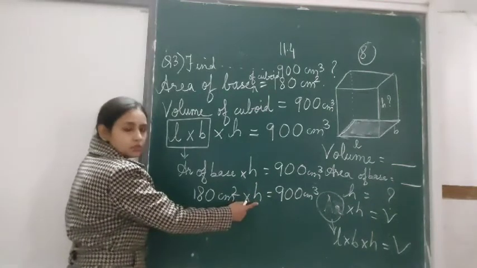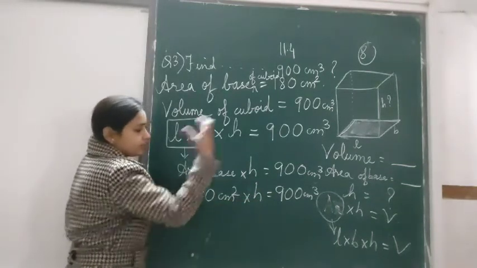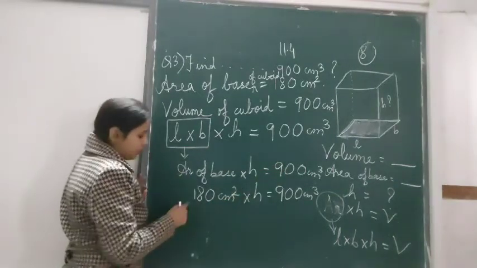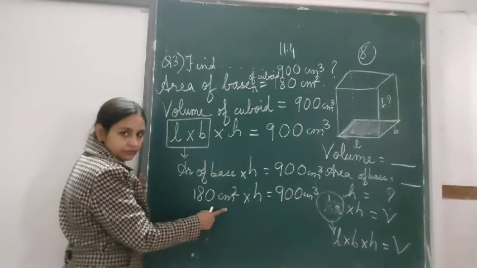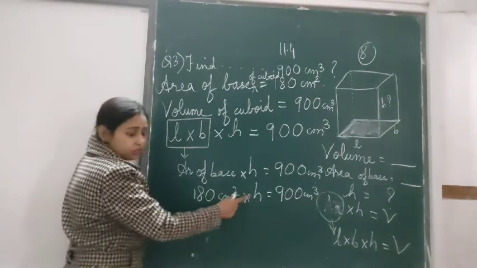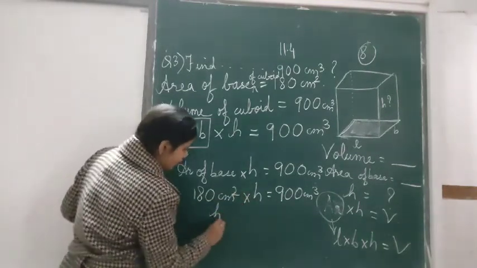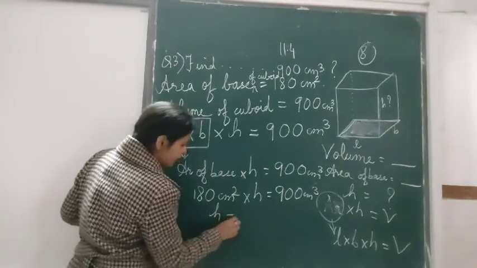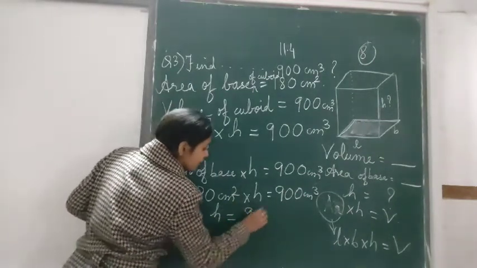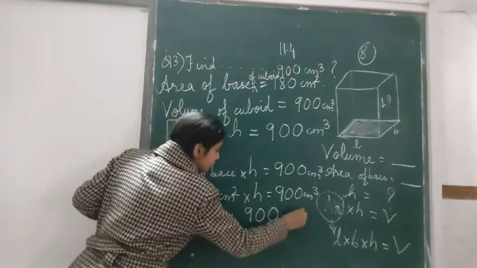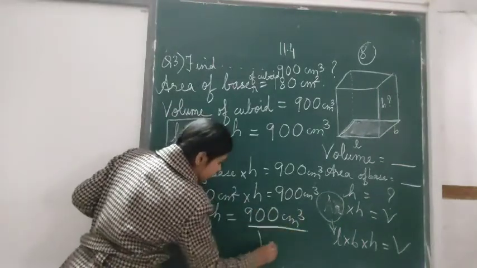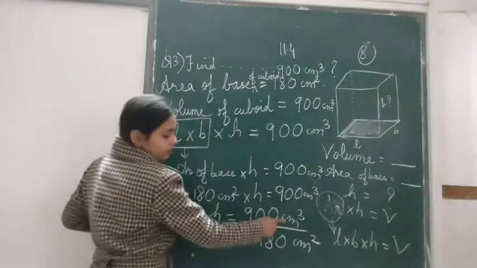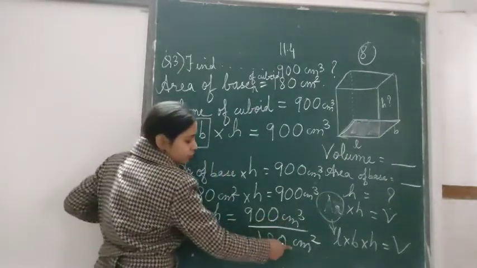So we use the transposition method. 180 centimeter square is transposed to the right hand side. Now it is in multiplication, so it becomes division. So H is equal to 900 centimeter cube upon 180 centimeters square. Here there are 3 centimeters, here 2.